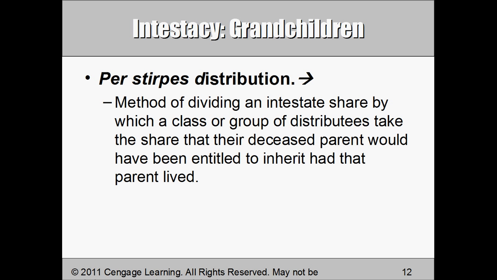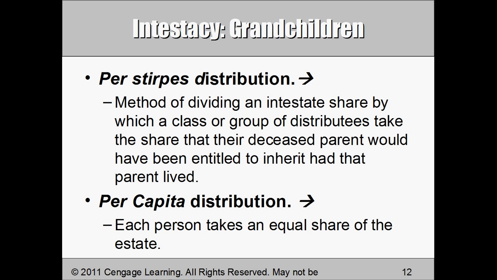So basically they step in the shoes of their parents. We also have the per capita distribution. Each person takes an equal share of the estate in a per capita situation.